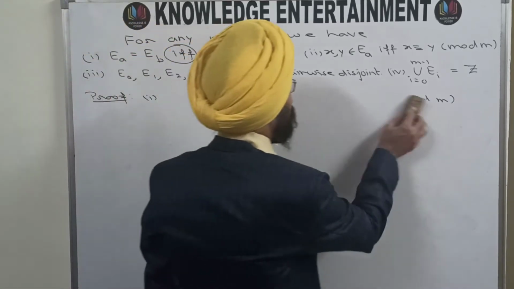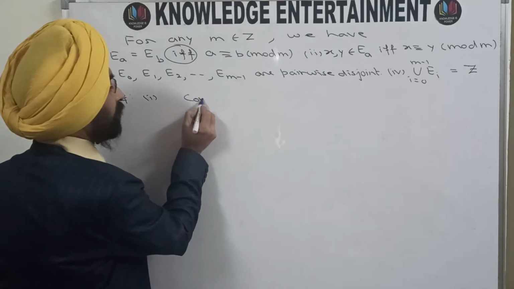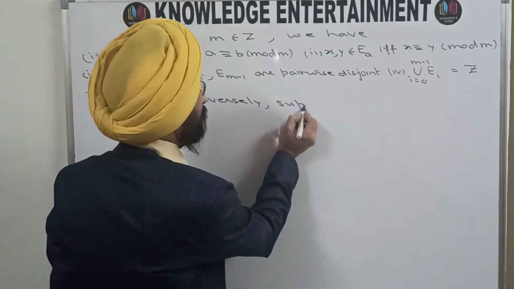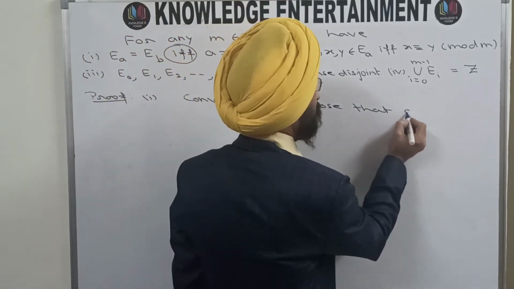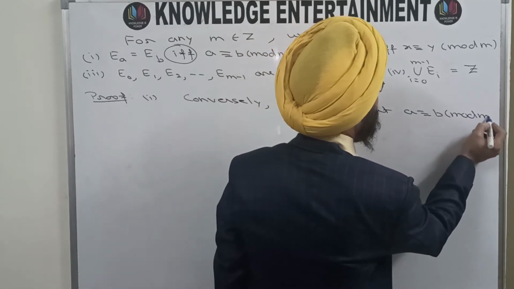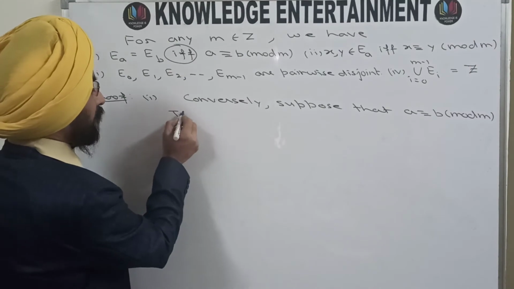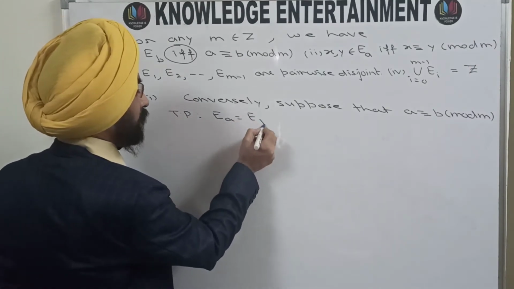Conversely, suppose that A is congruent to B modulo M. And what we need to prove? We need to prove now that EA is equal to EB.